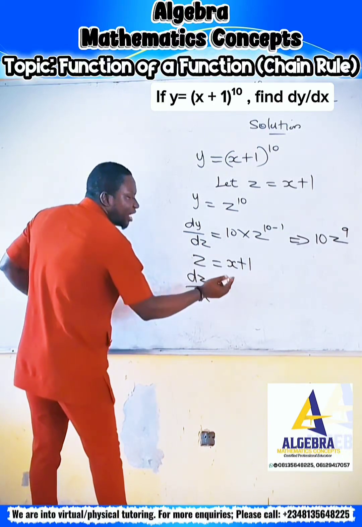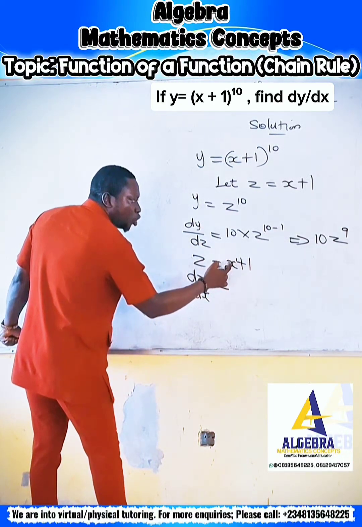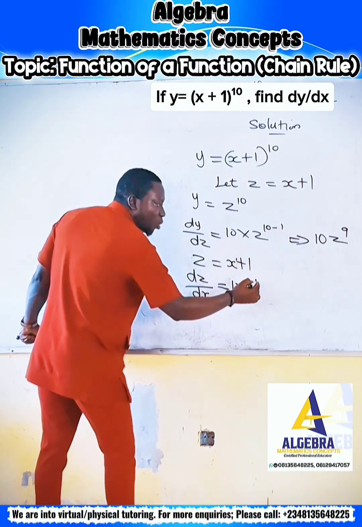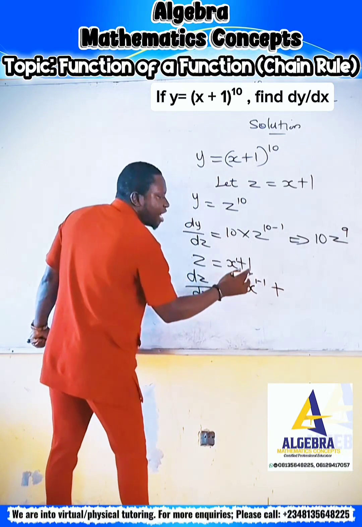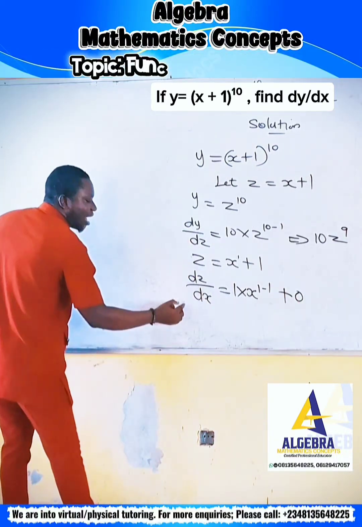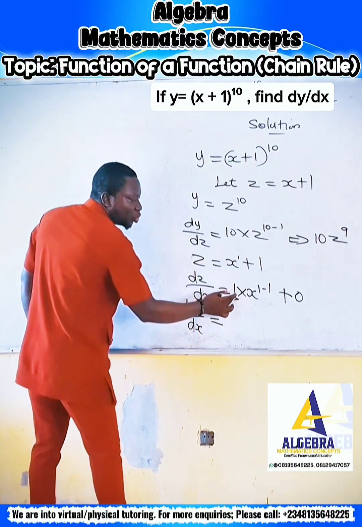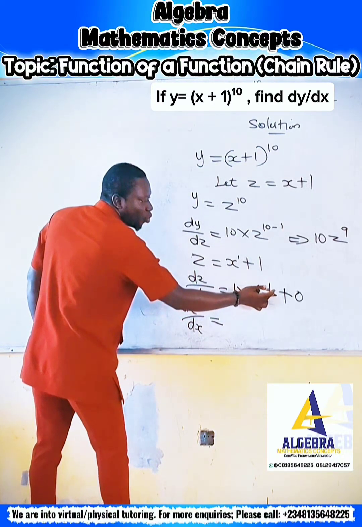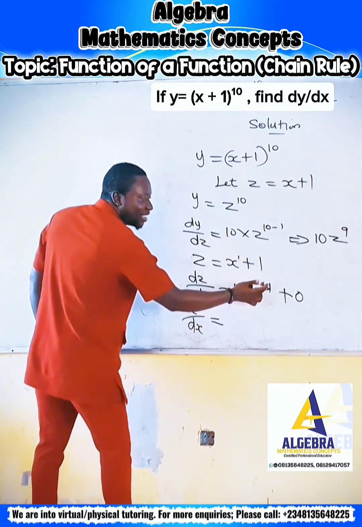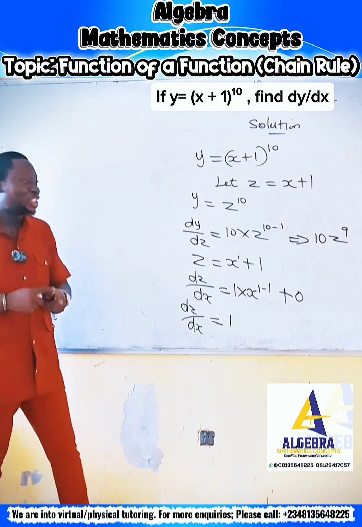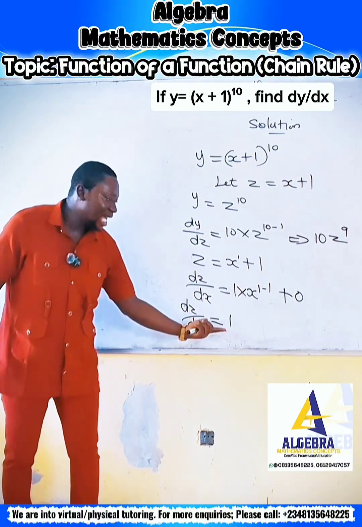The power of s here is 1, so I will use 1 to multiply, 1 times s to the power of 1 minus 1. Plus, if I differentiate the constant, it is 0. So 1 minus 1 is 0, s to the power of 0 is 1, and 1 times this gives me 1. Meaning if I differentiate s plus 1, I will have 1.